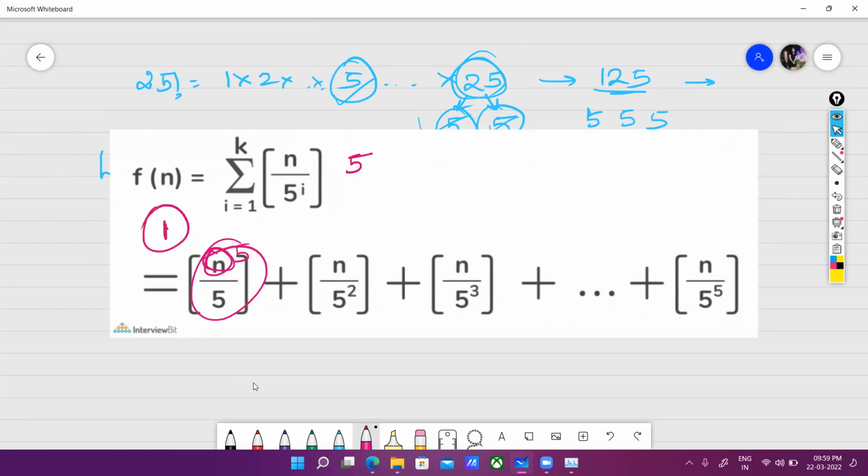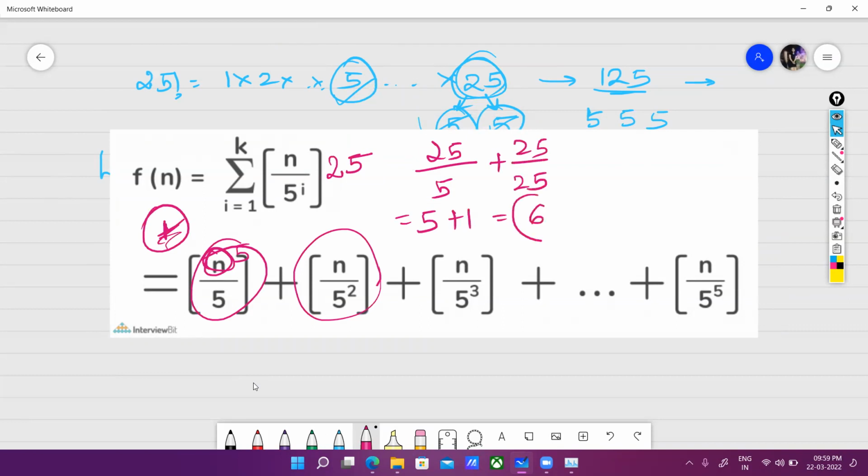This is very simple. If I'm taking 25, we know that 25 divided by 5 equals 5. Also, there is a factor which is 25, so this term will also include plus 25 divided by 25, which is 1. So the answer would be 6.